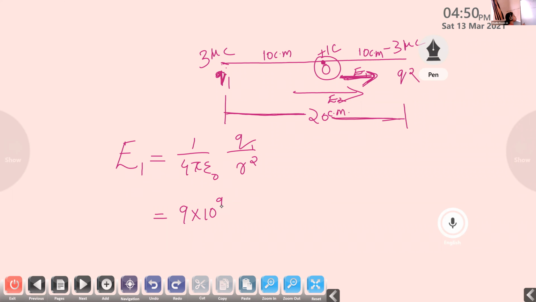Q1 is positive 3 microcoulomb, so that is 3 into 10 raised to minus 6 coulomb divided by R square. What is the distance of separation between this charge Q1 and the unit positive test charge?